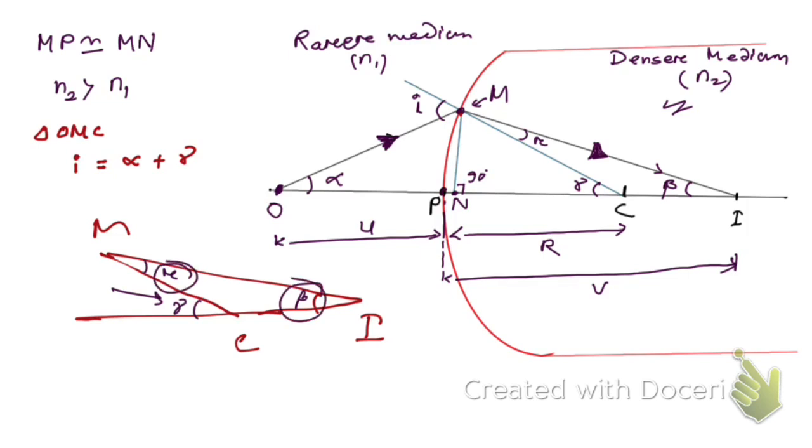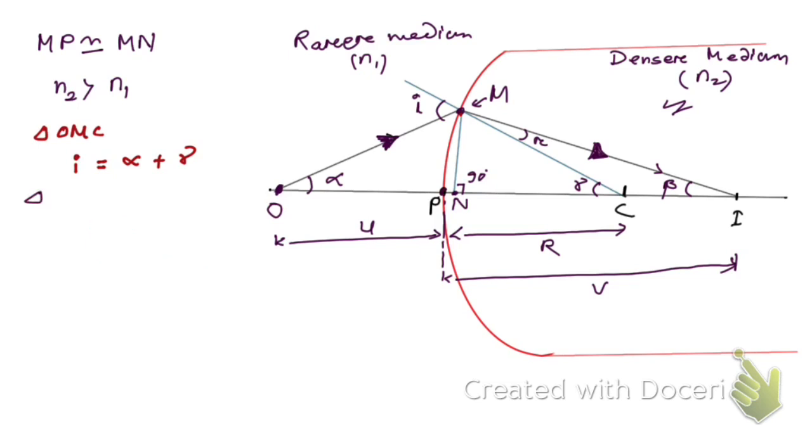So from triangle MCI we can write gamma is equal to R plus beta. Let me take both of these equations as equation number 1. Hope you have understood this.